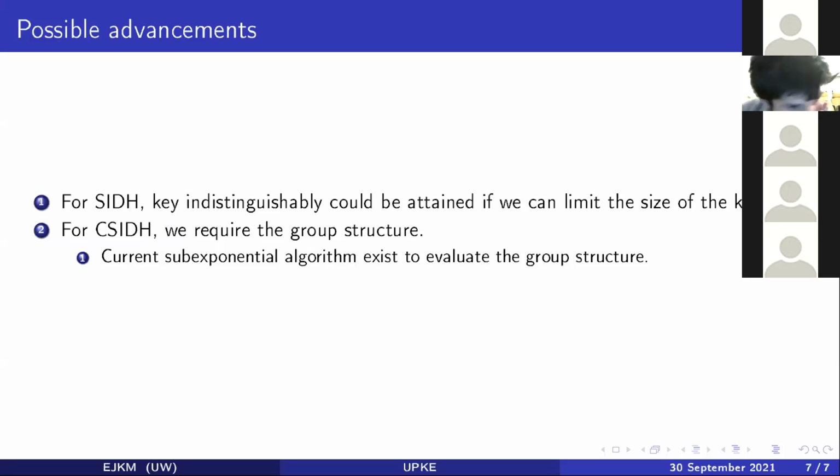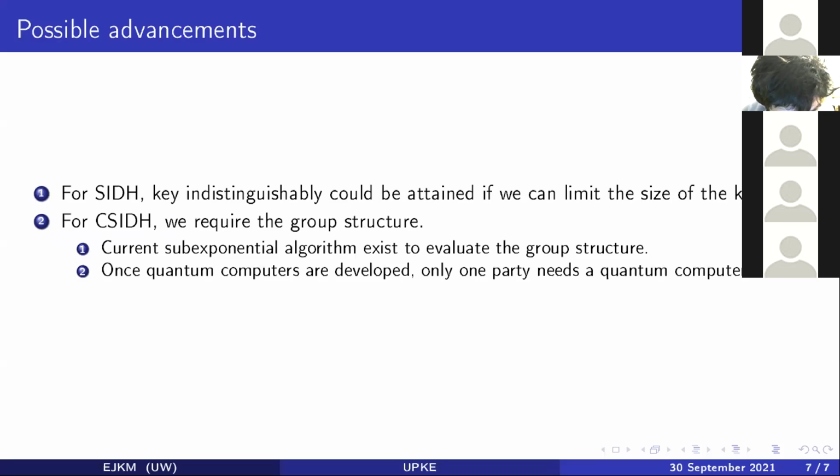There is a current exponential algorithm, but it is slow. Since we are talking about post-quantum algorithms, as long as one person in the exchange has a quantum computer, they can just evaluate the group structure to get our exchange, even if the other parties don't have a quantum computer. So this concludes the talk.